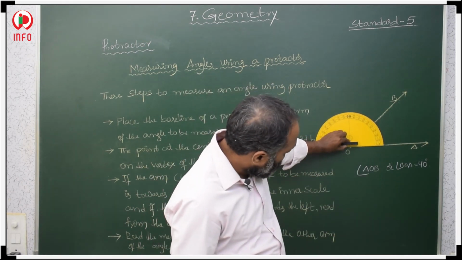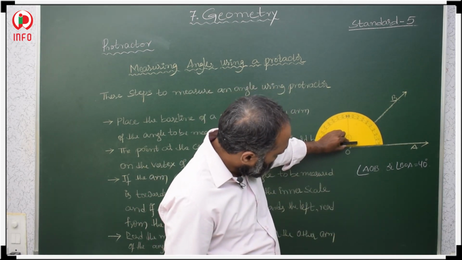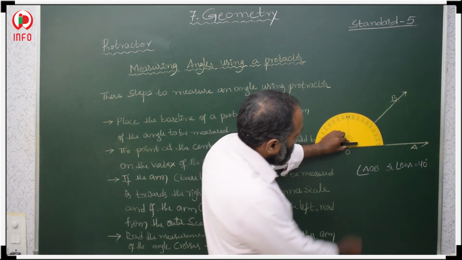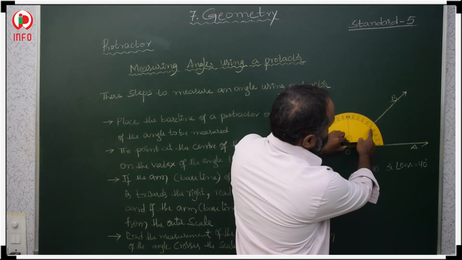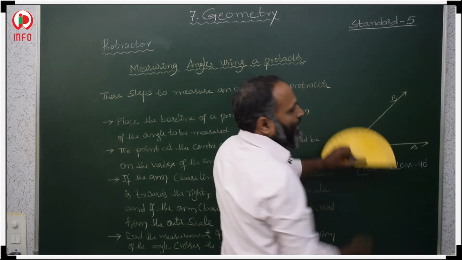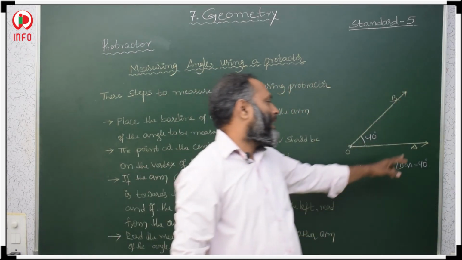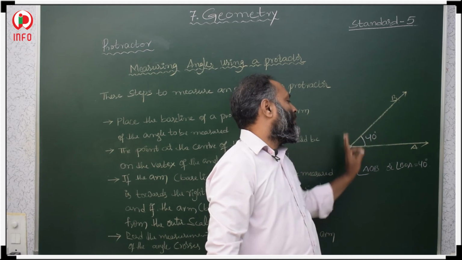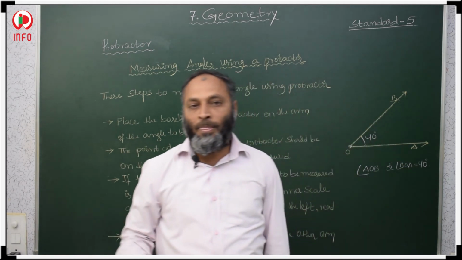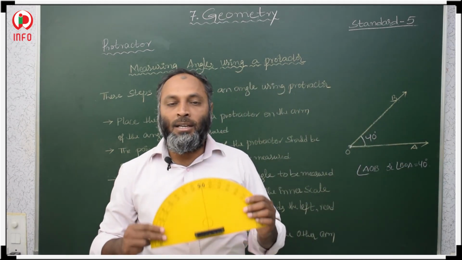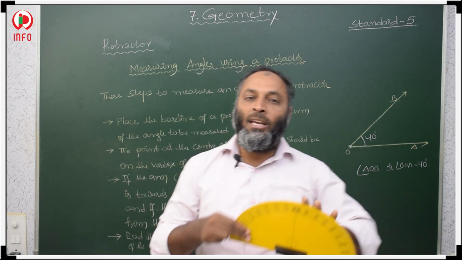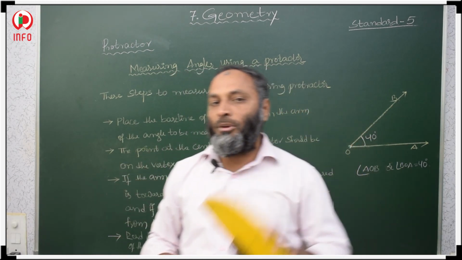From 0, inside values 0, 10, 20, 30, 40. The angle is at 40 degrees. It means angle AOB or BOA is 40 degrees. This is the method to find the angle using the protractor, okay.